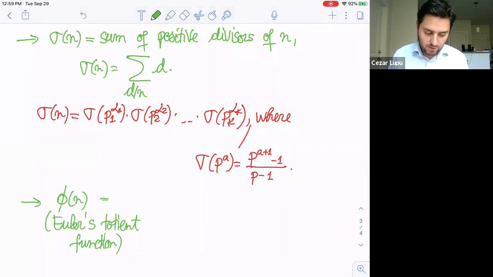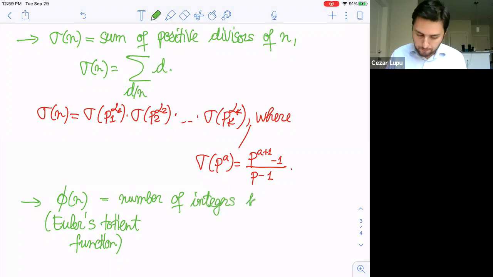This is the number of integers k that are relatively prime to n.